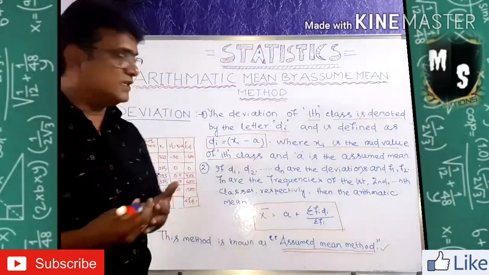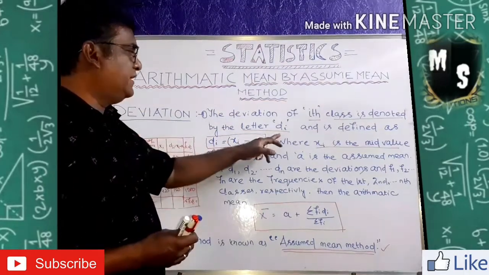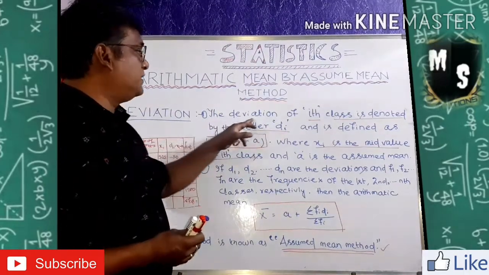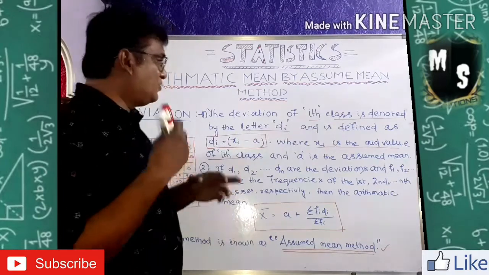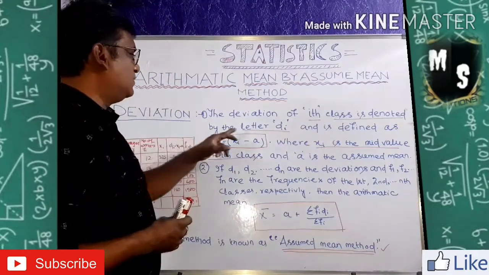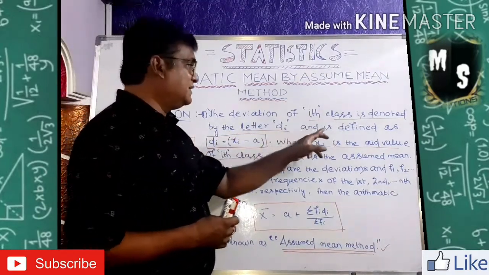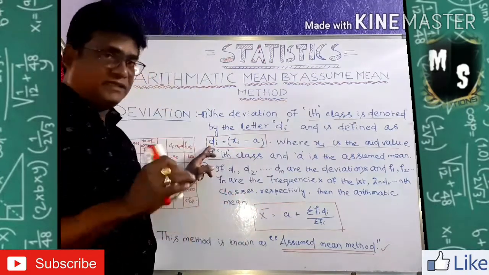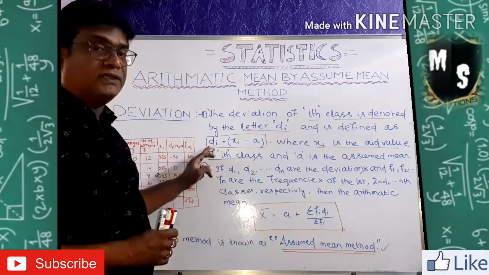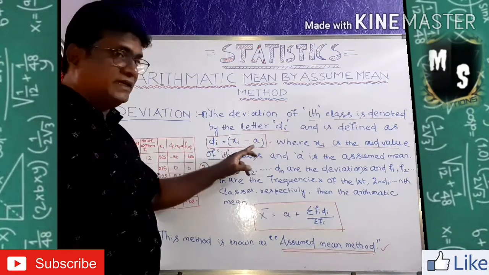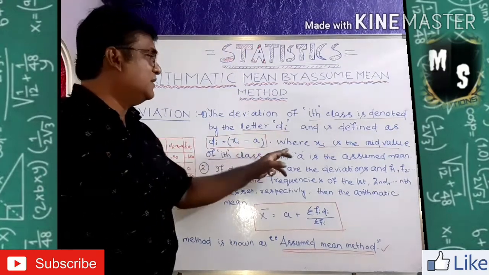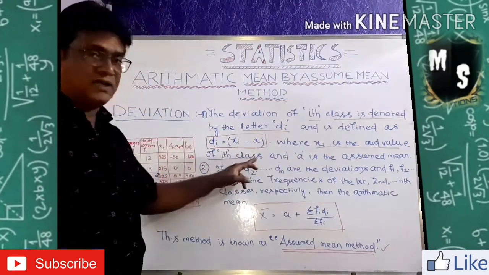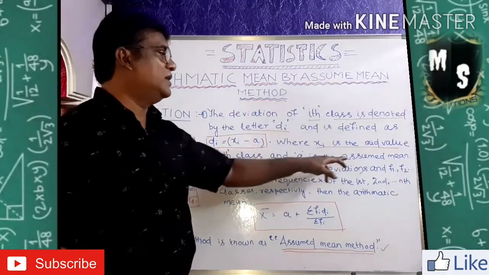It is defined as di equal to xi minus a. What is xi? It is the mid value of the ith class, and a is called the assumed mean.